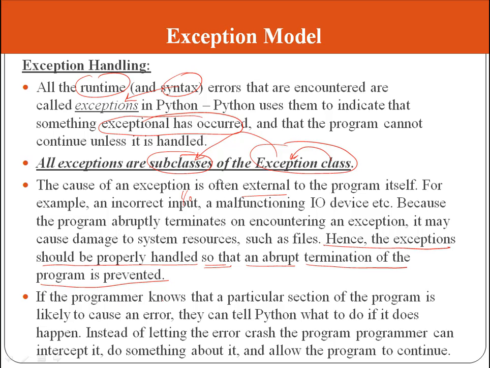If the programmer knows that a particular section of the program is likely to cause an error, say you have 100 lines of code and you know that in the first 10 lines an error can occur, they can tell Python what to do if it does happen.